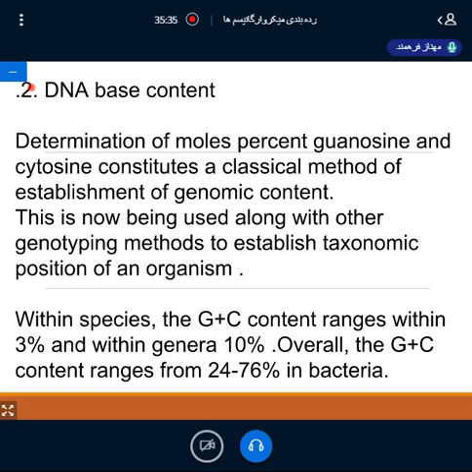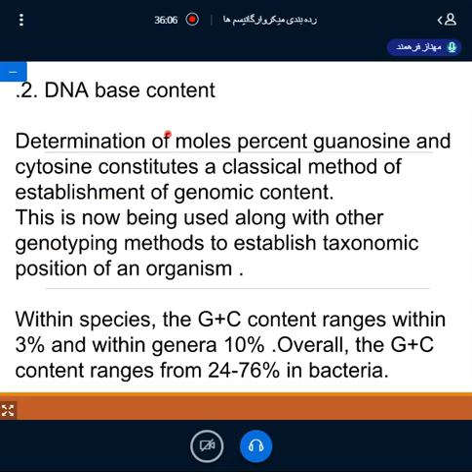And the second genotyping method is DNA-based content. The first was 16S rRNA, and the second is DNA-based content. Here you can see a determination of mole percent guanosine and cytosine constituents, a classical method of establishment of genomic content.